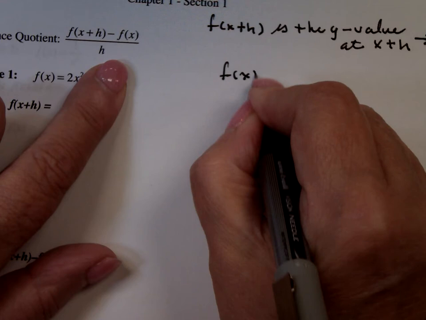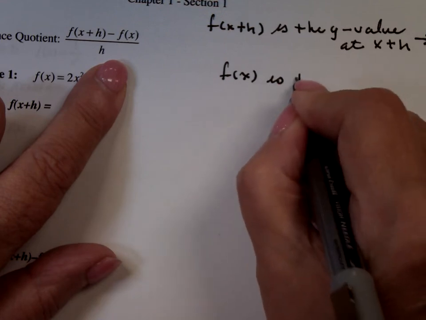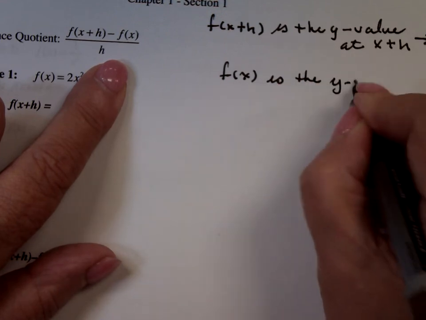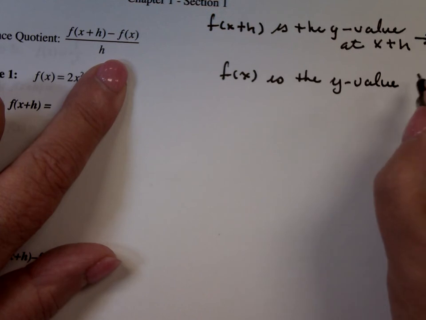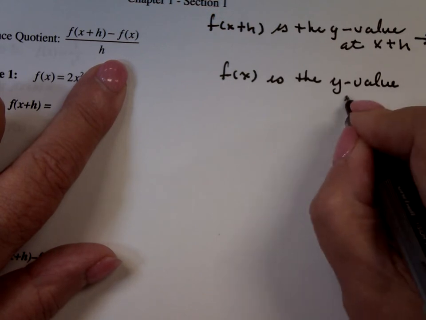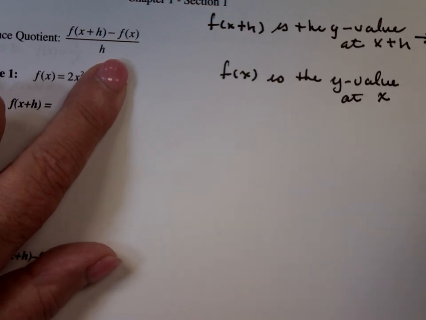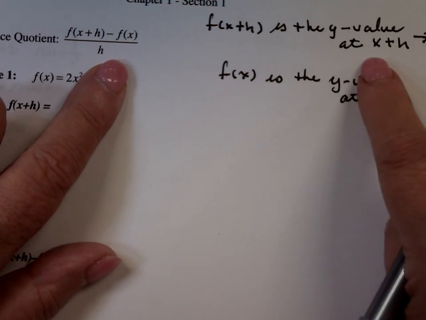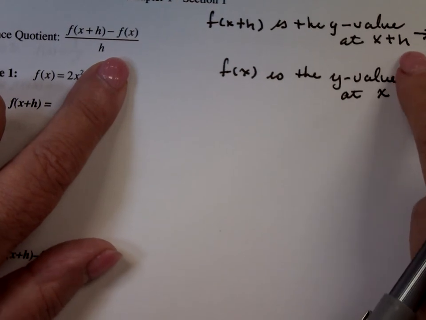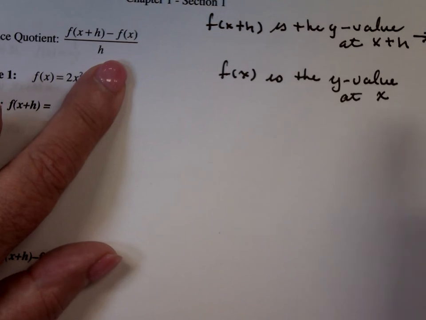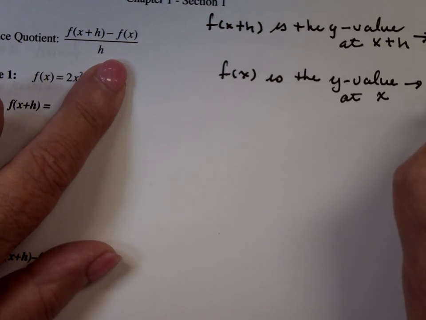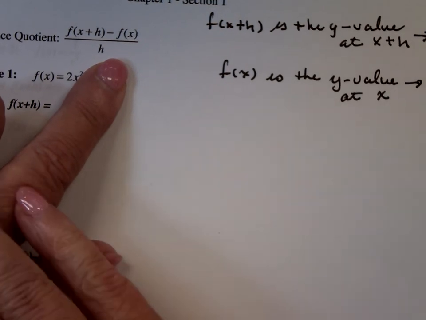F of x is the y value at some value x. So if I'm adding a number to x, it's bigger than x, right? And I'm going to call it y1.